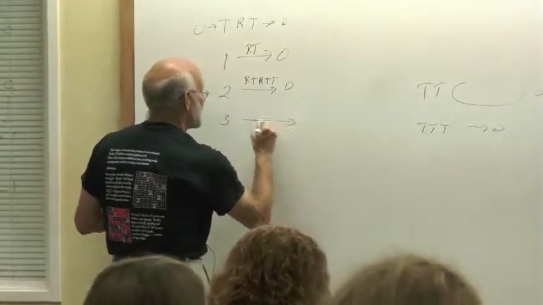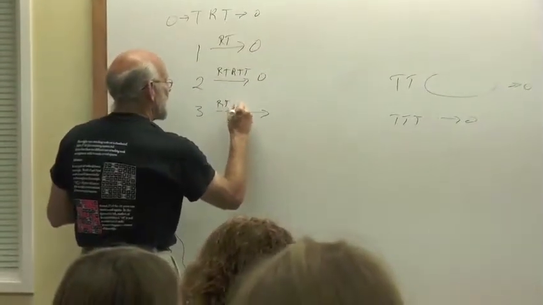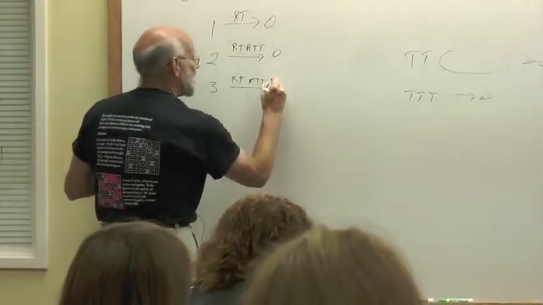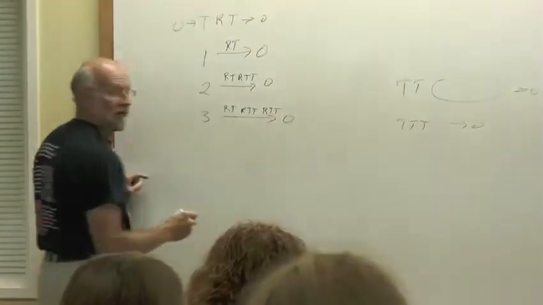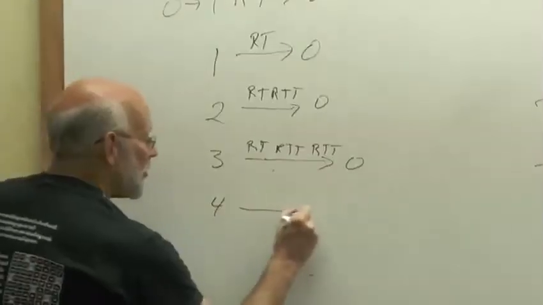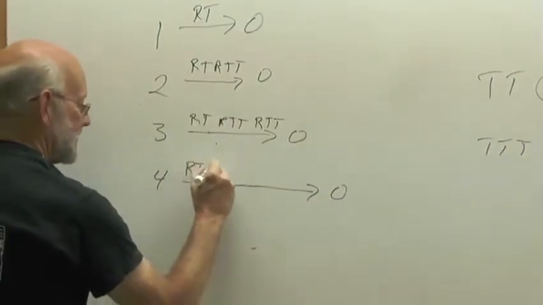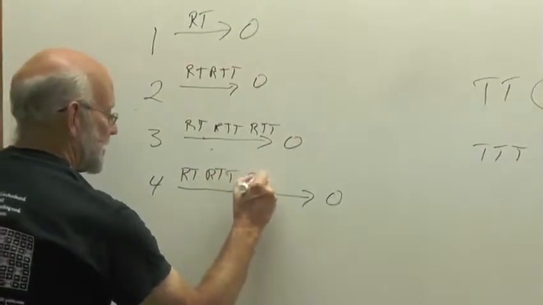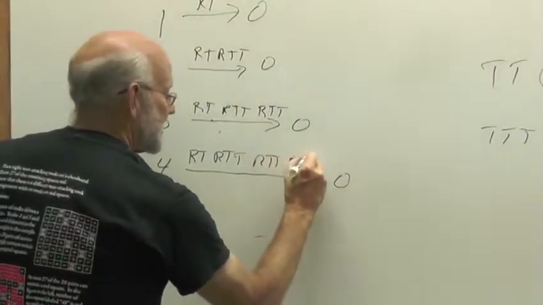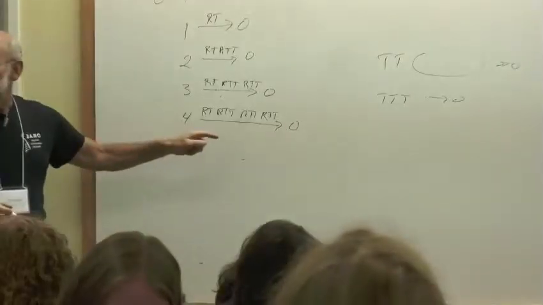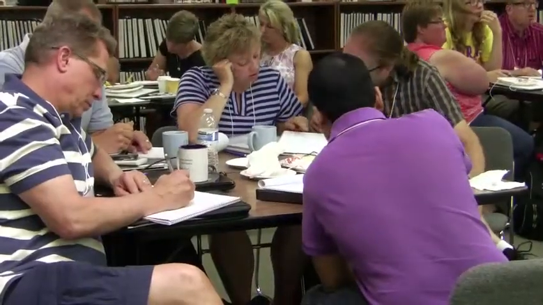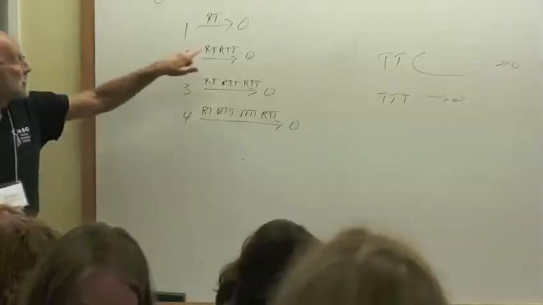RT, RTT gets you to 0. If we started with 4, what was it? RT, RTT, RTT.